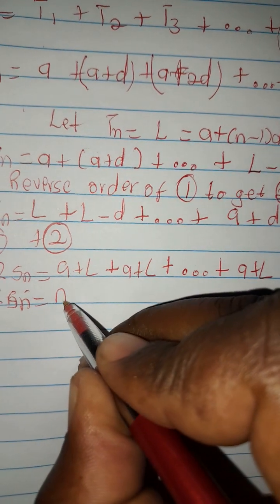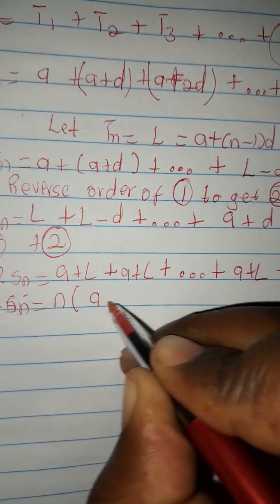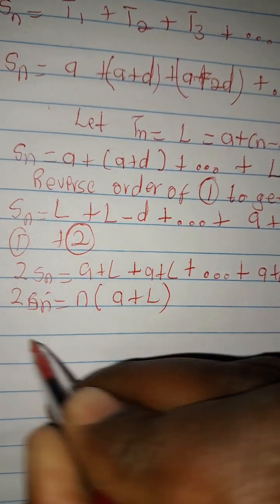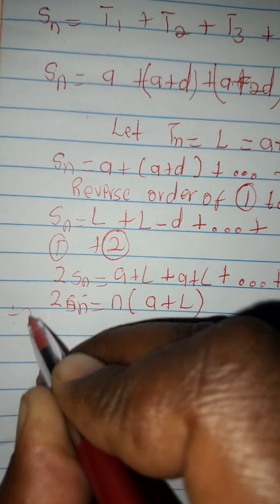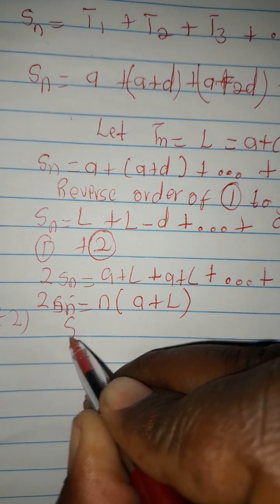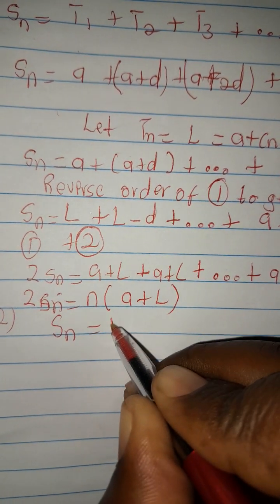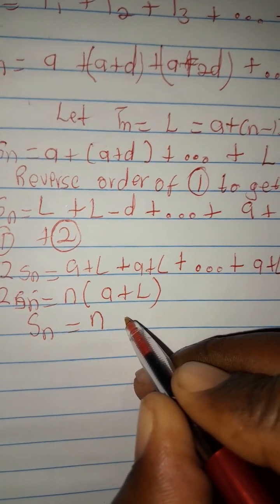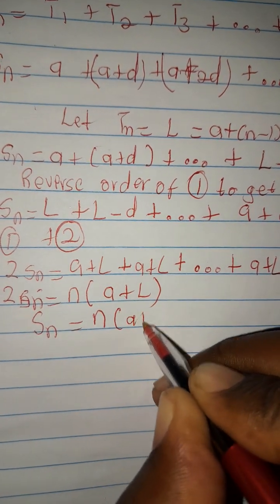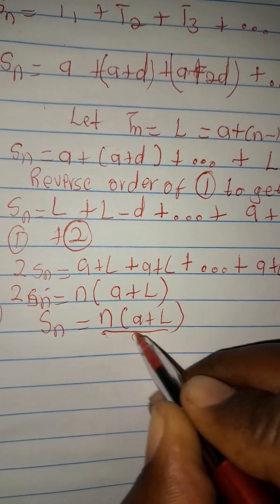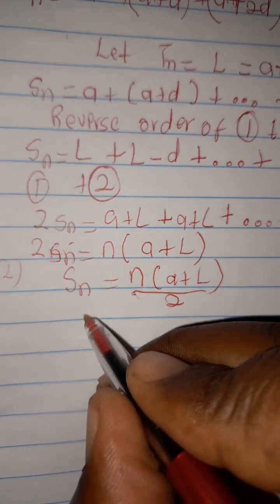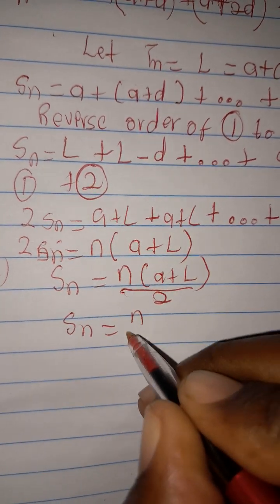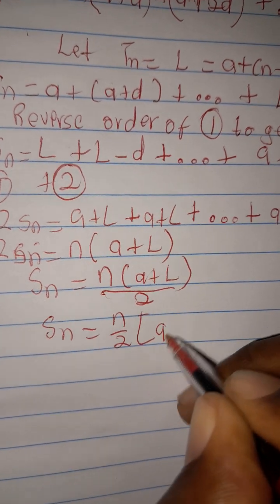So we are going to factor out n, and we'll be left with A plus L. To make Sn the subject, divide by 2 both sides. So we'll be left with Sn equals n all over 2, times A plus L.